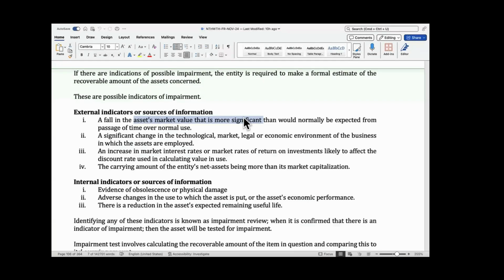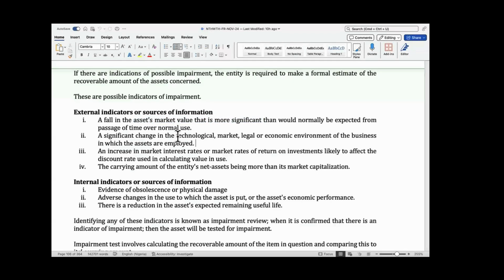Or it is so much that we should consider a possibility that, okay, maybe this asset has been impaired, a fall in market value. Number two is when there is a change in technology, market, legal, or economic environment of the business in which the assets are employed.